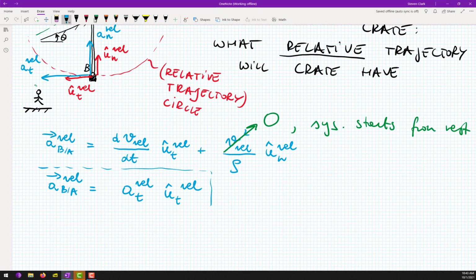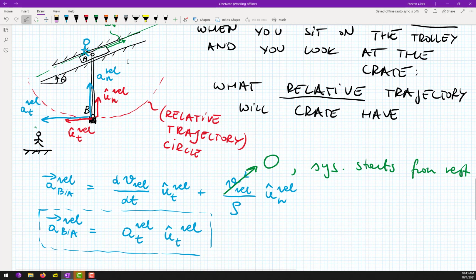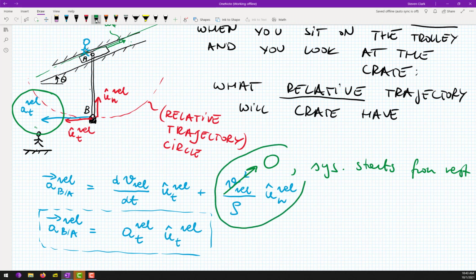We know that for sure, so I can erase the other term. In our relative motion, AB has only this component. Do you see that, guys? That's the whole point of our thing: the whole point is to observe that this is 0.